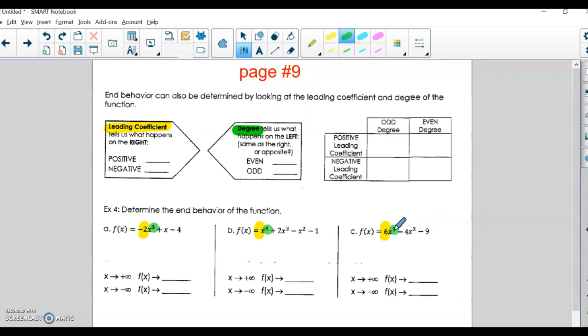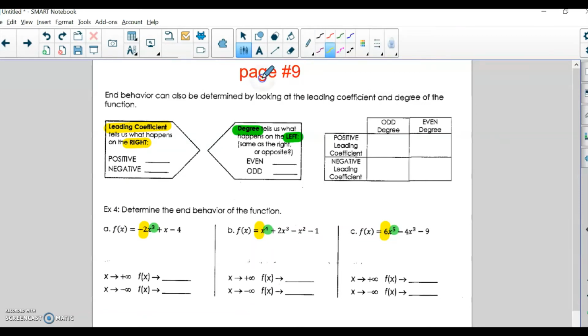So we can tell the end behavior of a polynomial, what the graph is going to do, based on the leading coefficient and the degree. So the leading coefficient tells us what the right-hand side is going to do, and the degree is telling us what the left-hand side is going to do.